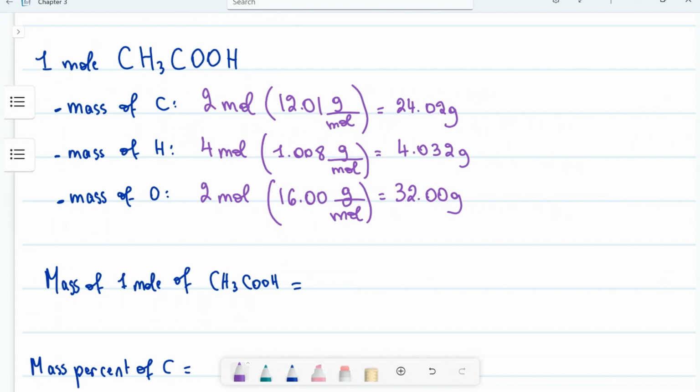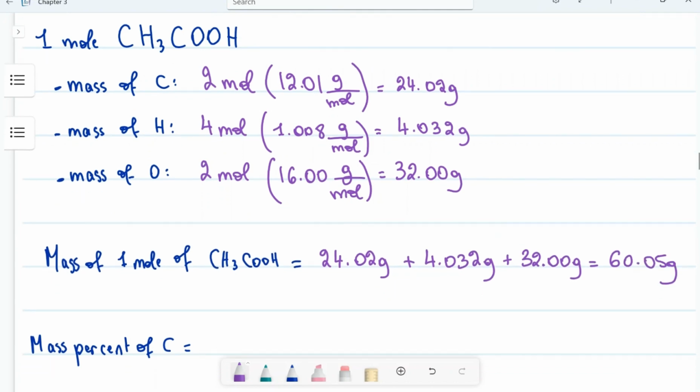So we add up all of these 3 masses that we just found. So let us add them up. So I will write 24.02 grams plus 4.032 grams plus 32.00 grams, and this would give us 60.05 grams.